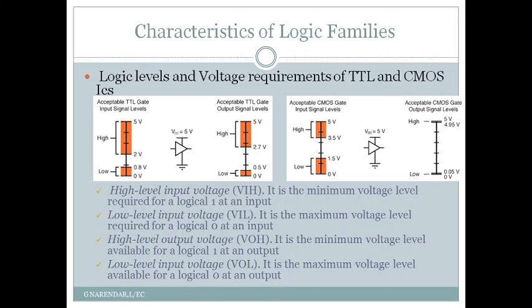However, this ideal case is not possible, as in the real world there will be voltage drops when you connect digital logic circuits. So the 5 volt will not be exactly 5 volt to represent logic 1, and the 0 volt may not be exactly 0 volt all the time to represent logic 0.